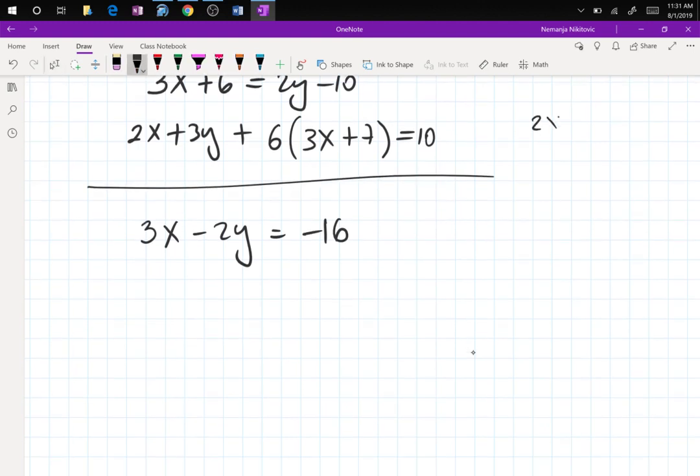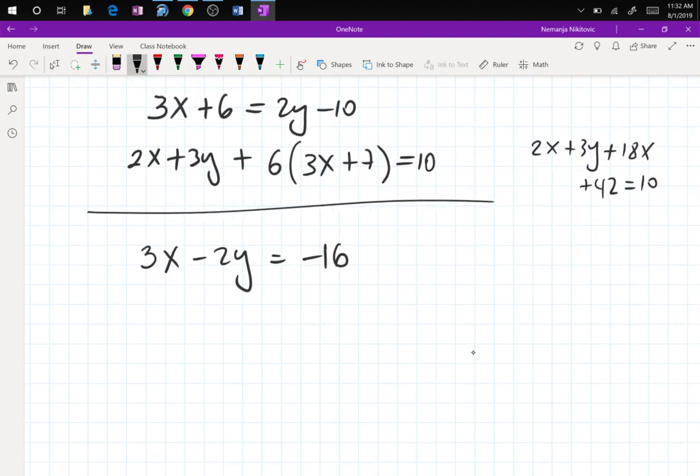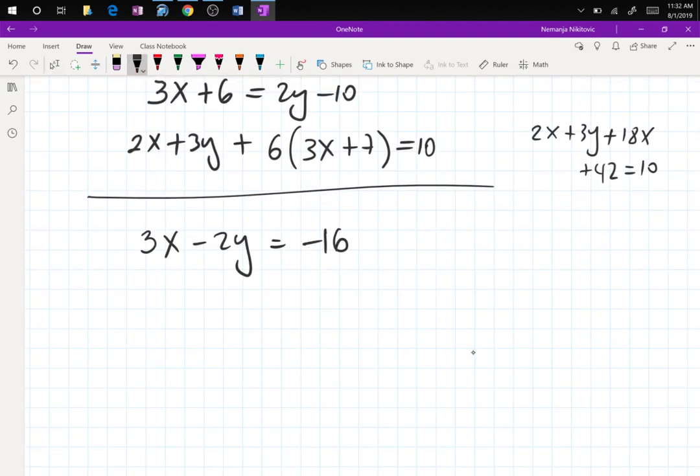We have 2x plus 3y plus 18x, that's plus 42 equals 10. So is that 20? Yeah, that's 20x. So 20x plus 3y is equal to negative 32.